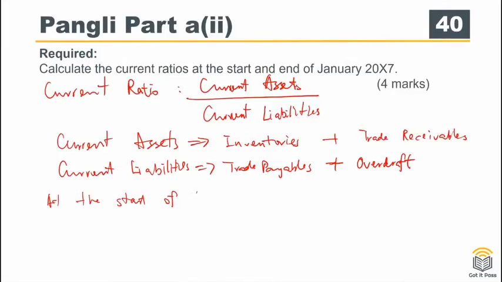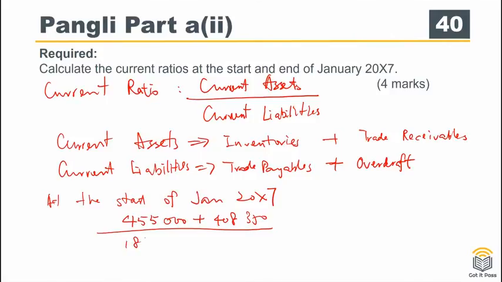At the start of January, so we have $455,000 plus 408,550, okay, divided by 186,700 plus 240,000 and 250, and then we got the sum of the inventories and trade receivables divided by the sum of the current liabilities, the trade payables and the overdraft.